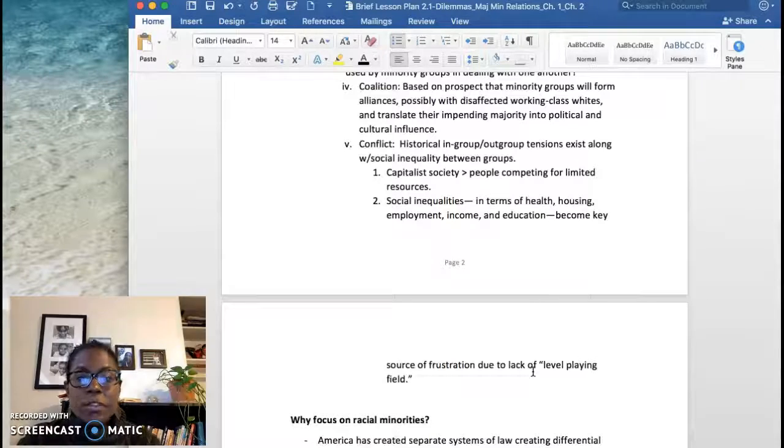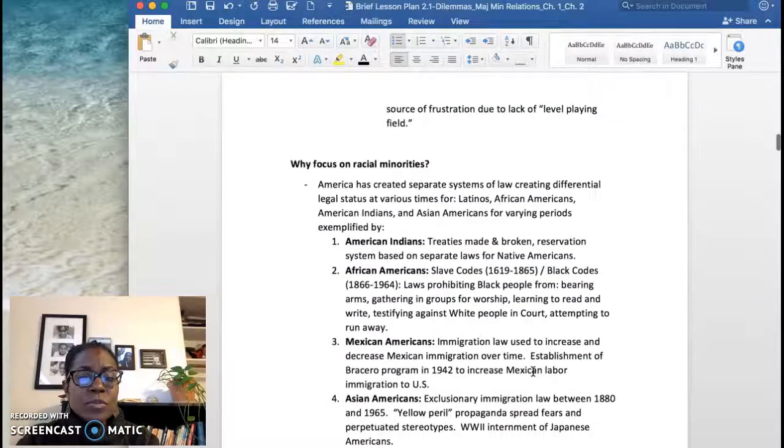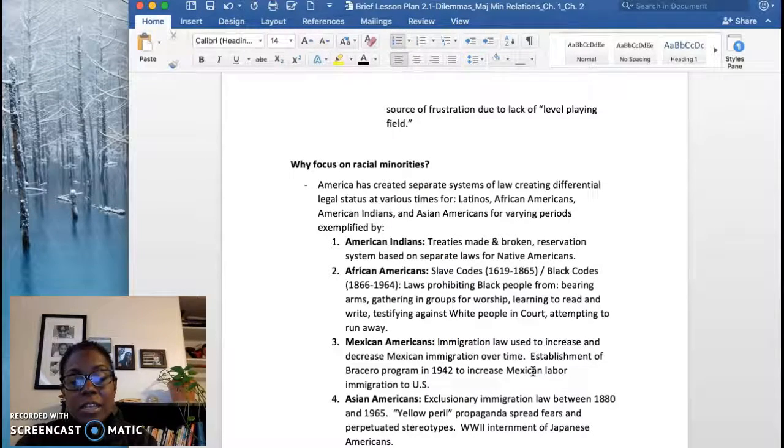Of course, at different times in history, different groups have chosen different strategies. And one good reason the dilemmas focus on racial minorities is that America has created separate systems of law with regards to Latinos, African Americans, American Indians, and Asian Americans. Or instead of Latinos, you might prefer Hispanic Americans.